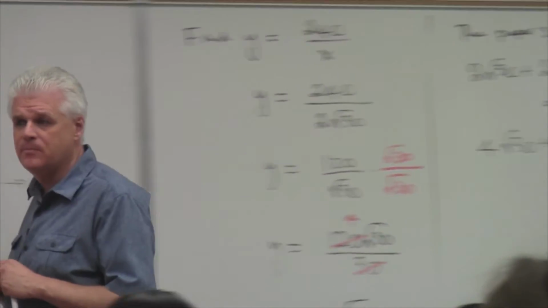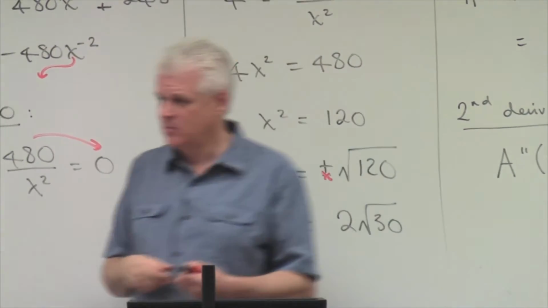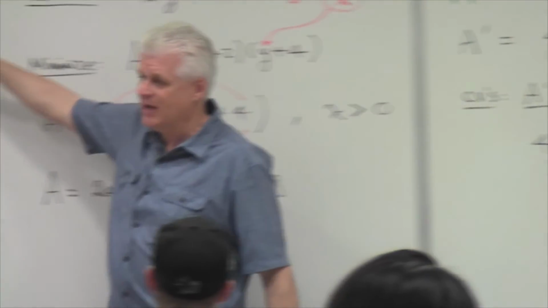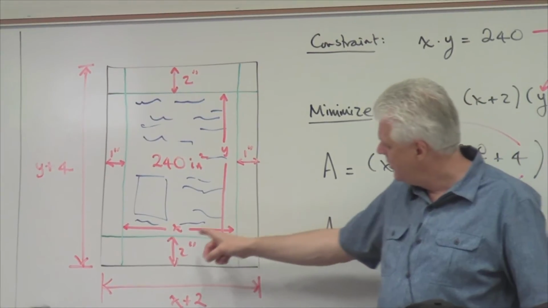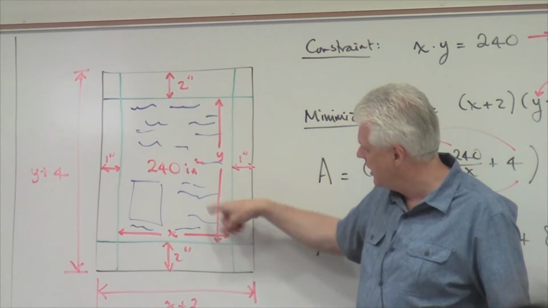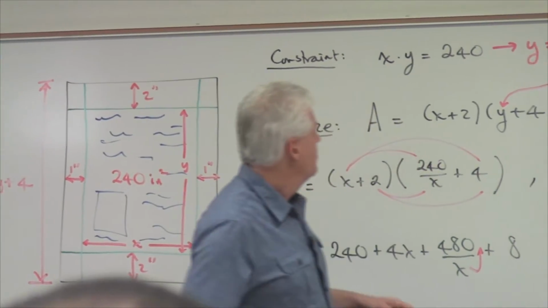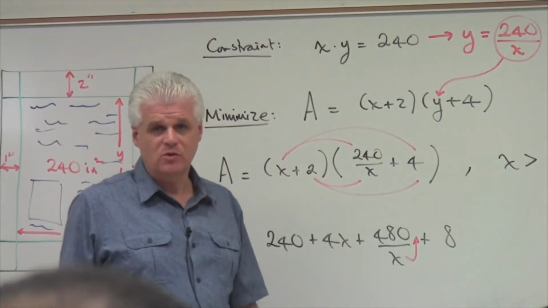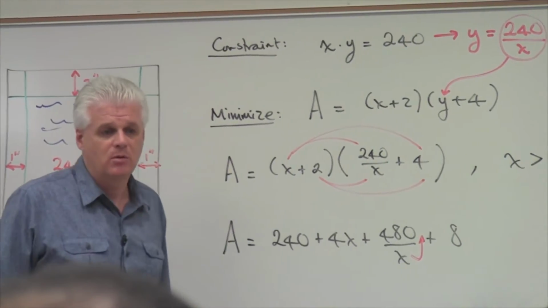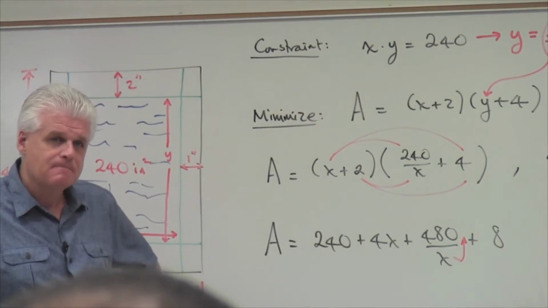Is that right? Where did the plus 2 and the plus 4 come from? Adding the margins back in. Right? We found the blue area, x and y. We need to add these green margins onto them. We also had them there too, if you like. Plus 2 and plus 4. Those were the 2 dimensions of the paper, not just the print. Any questions about that?